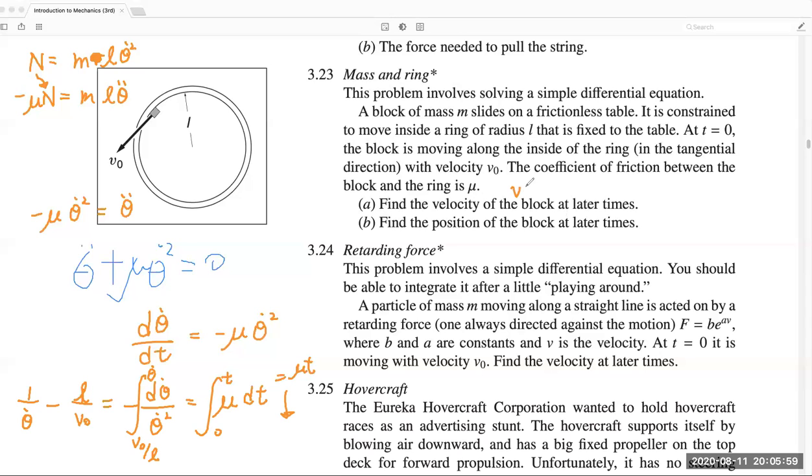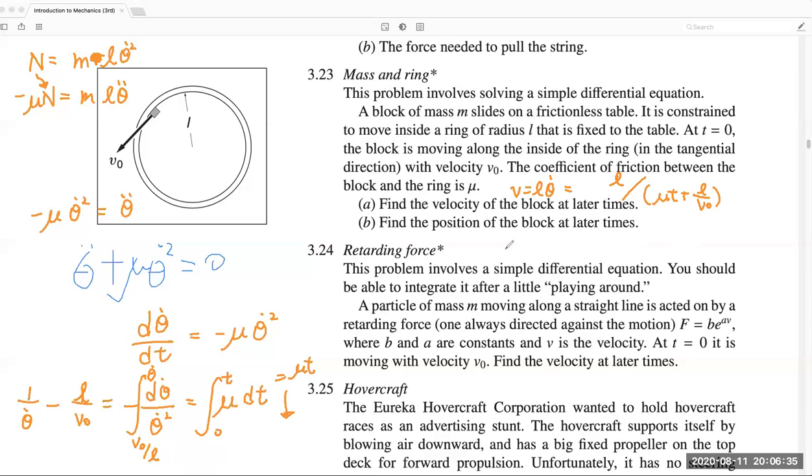So it should be somehow similar to, so complicated, L divided by mu t plus L divided by L naught. Okay, so let's have a look at part B. To get the position, you just integrate once, so you can get the distance.